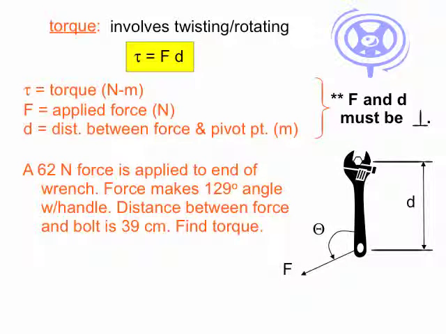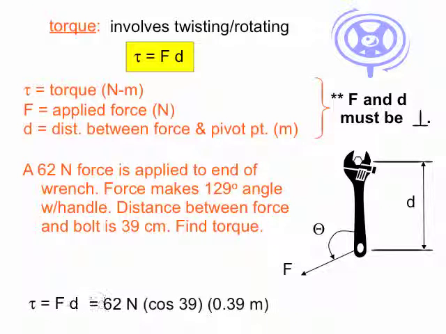Okay, let's try one. When a 62 Newton force is applied to the end of a wrench, the force makes a 129-degree angle with the handle. The distance between the force and the bolt is 39 centimeters. What is the torque? Okay, again, force times distance. Of course, you've got to resolve so that you get a true perpendicular.